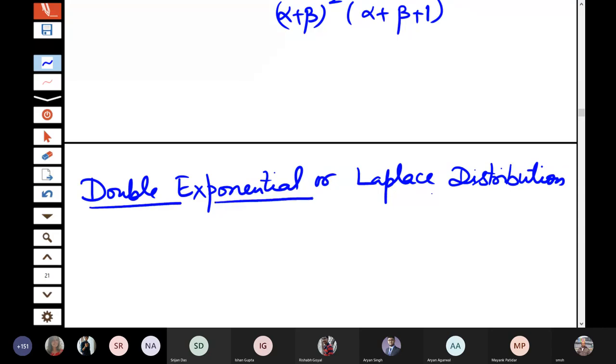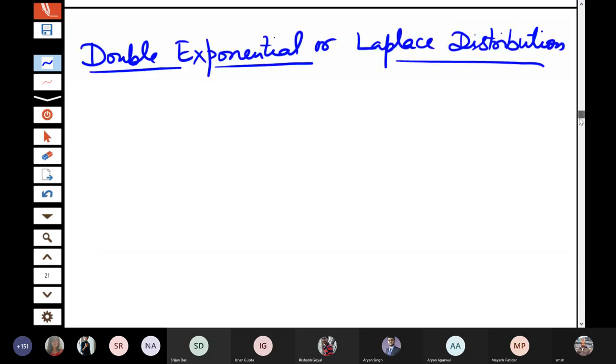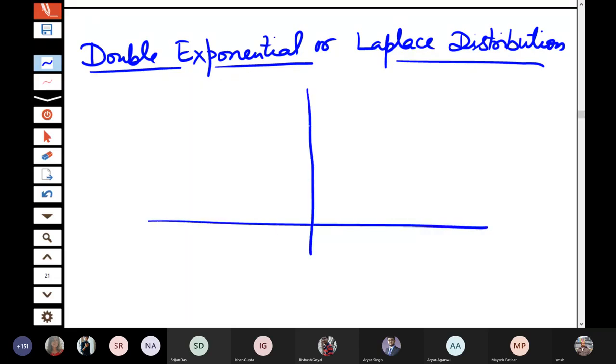As the name suggests, this distribution arose out of the exponential distribution, which we have on the right hand side, but if you have exponential on both the sides, then it becomes a double exponential. So if I consider this, and I consider a similar thing on the left also.